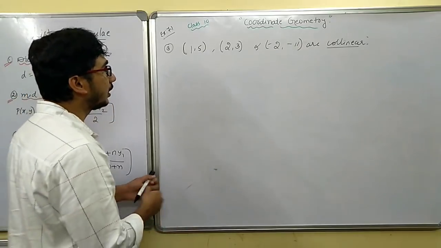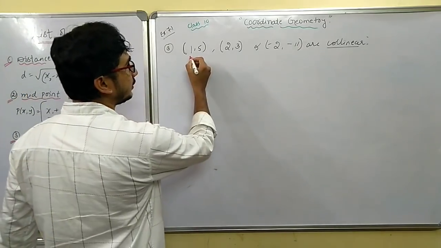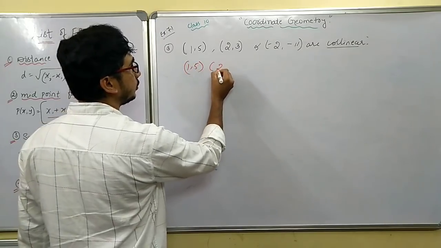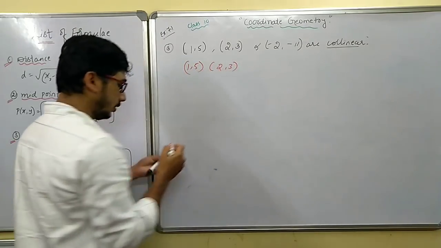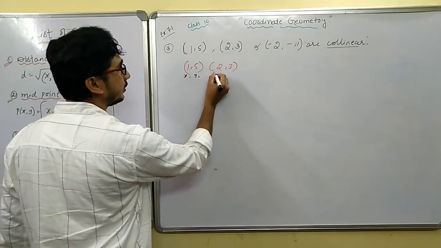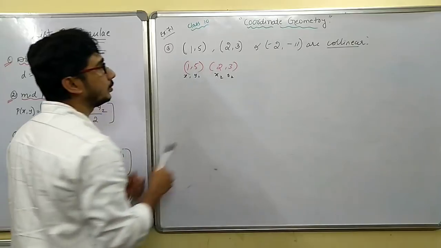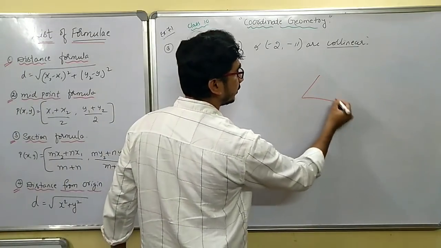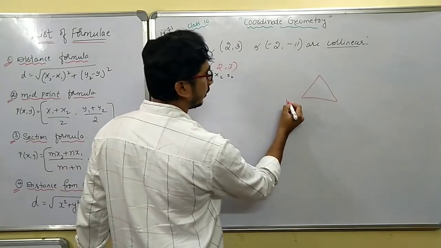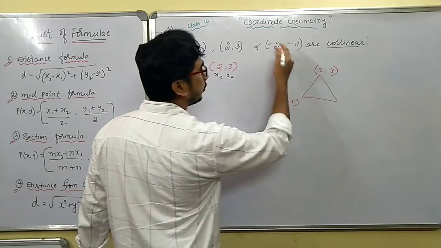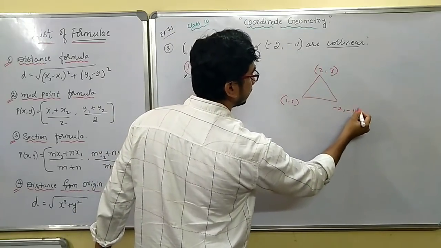So what we have to do, I'll write the formula. First I'll consider these 2 points, 1 5 and 2 3. I'll call this x1 y1, this I'll call x2 y2. Let us find the distance between these 2 points. So I'll write the points here: this point 1 5, this point 2 3, and this point minus 2 minus 1.